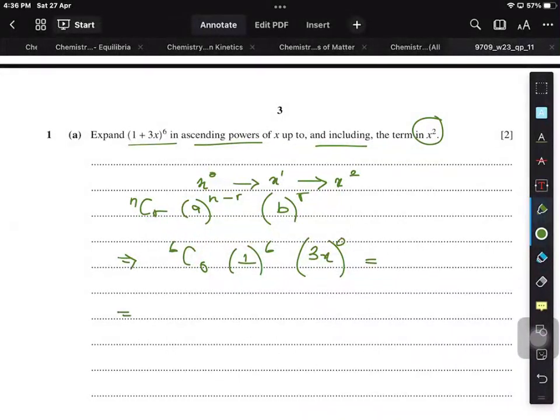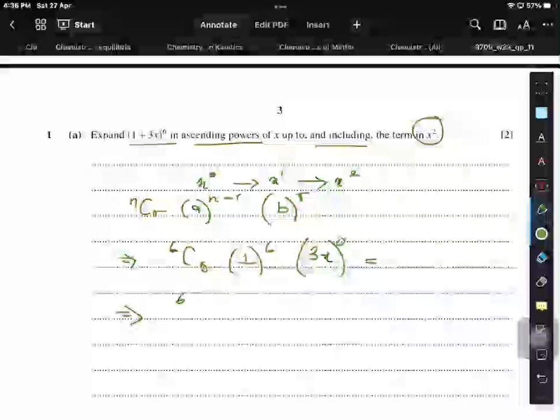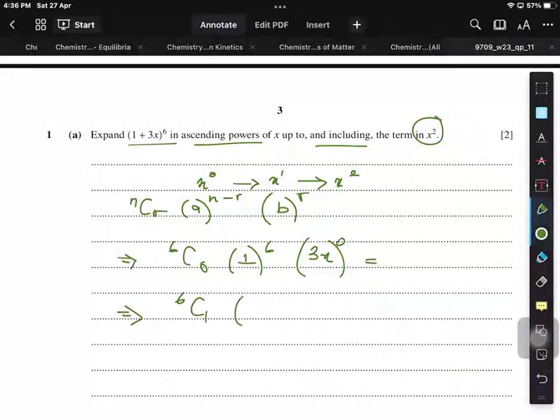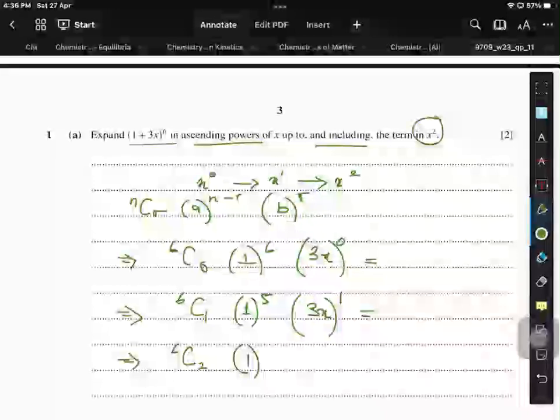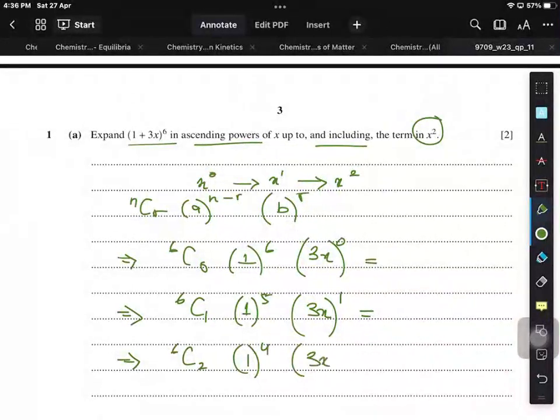Now let's do the same for x to the power of 1. So 6C1, 1 raised to the power of n minus r, that would be 5, and then (3x) to the power of 1. Then same for x to the power of 2: that would be 6C2, 1 to the power of 4, and then (3x) to the power of 2, since r here is 2.